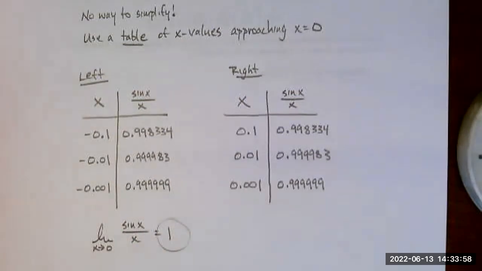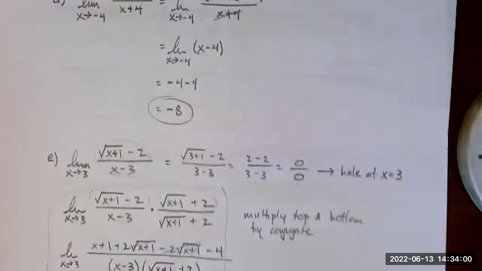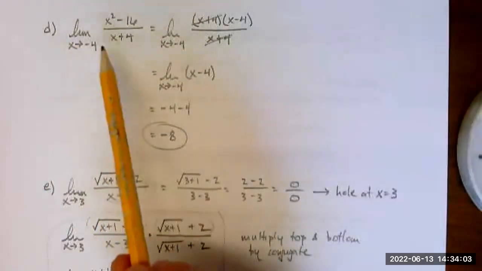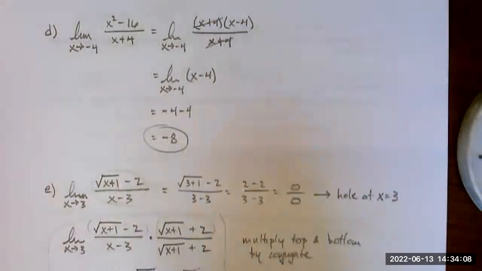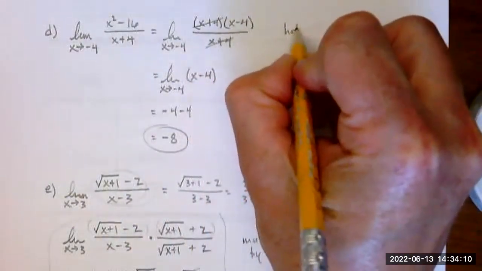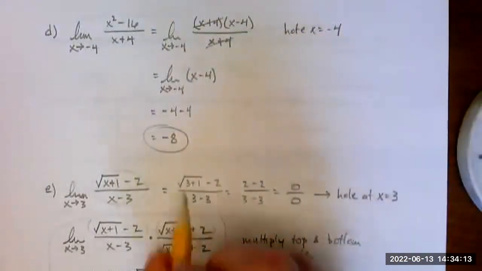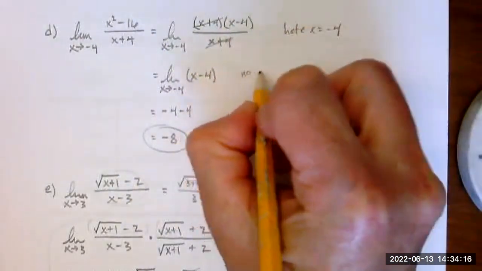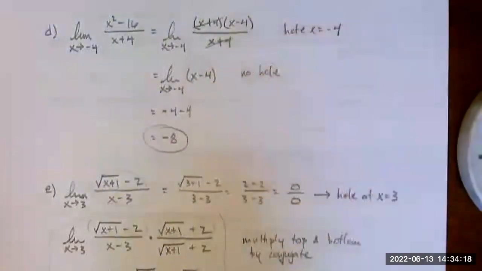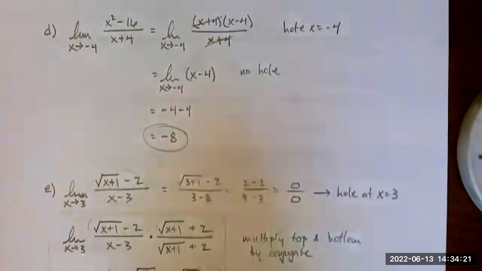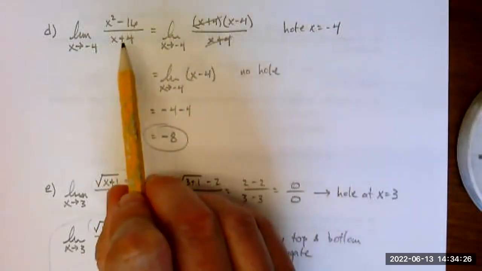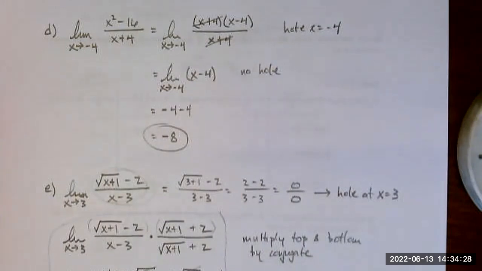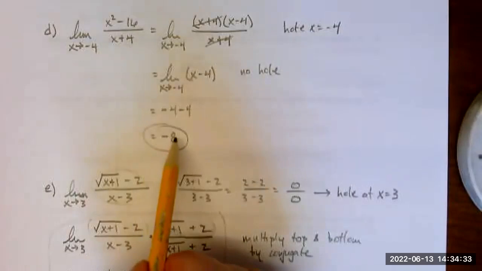But what's the difference between that and something like, if we go back to part D here, which we did a moment ago? When we did this and we canceled, we know there was a hole at x equals -4. And when we canceled, now there's no hole. Everything else is identical. We know for sure when we plug it into this and get -8, that was the answer to that limit. There's no question. It goes beyond just, well, if we plugged some numbers into a table, we could guess this.